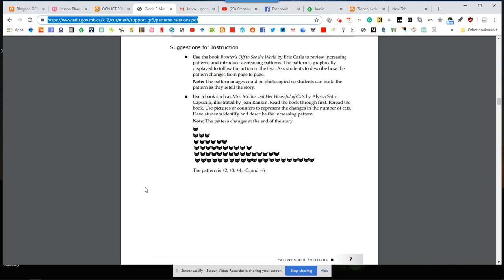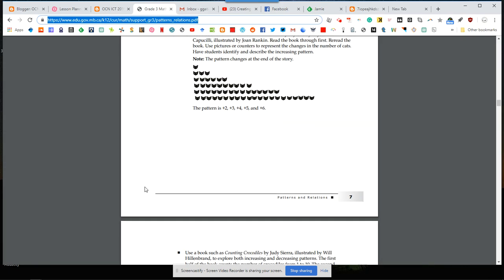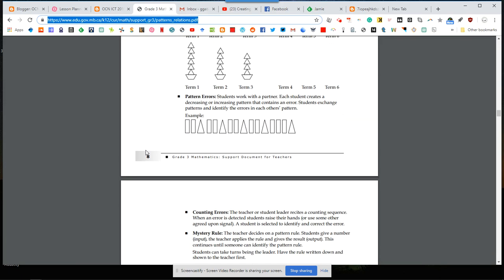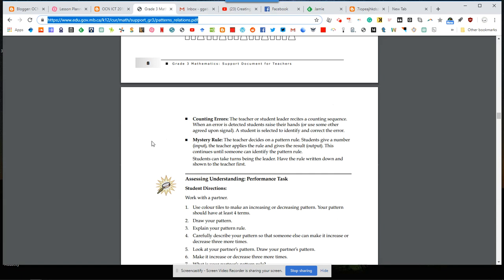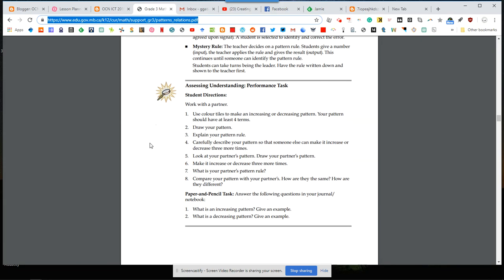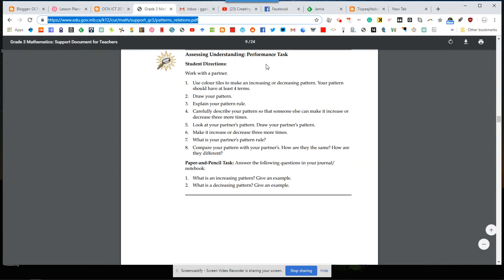Suggestions for instruction, what instructional method you want to use, including some actual resources that you could either download, or you could certainly find very similar diagrams to these on the internet, just about anywhere.